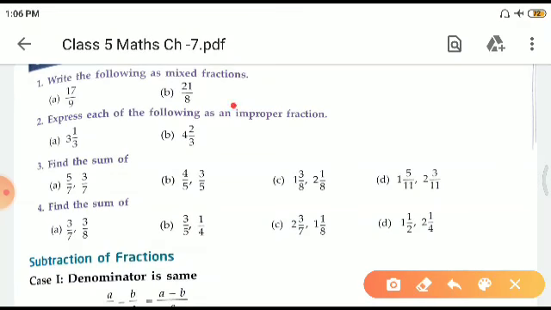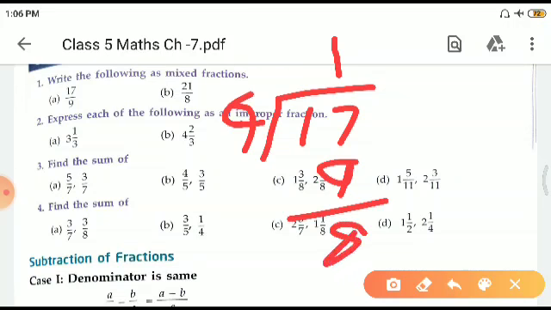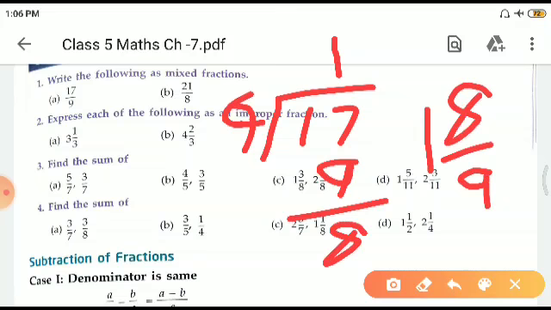We keep 9 outside and then we write 17 inside. 9 ones are 9 and the remaining we get here is 8. So our fraction will become one whole number 8 upon 9, right? That is 17 upon 9.